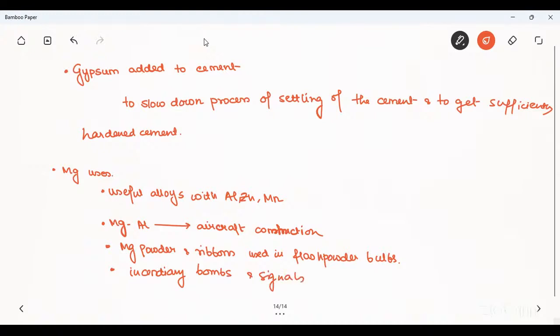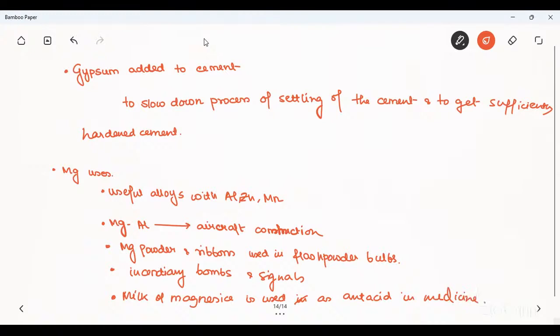Also, milk of magnesia is used as an antacid, in medicine.